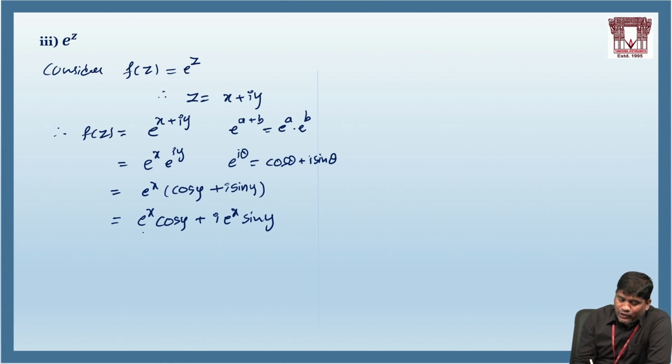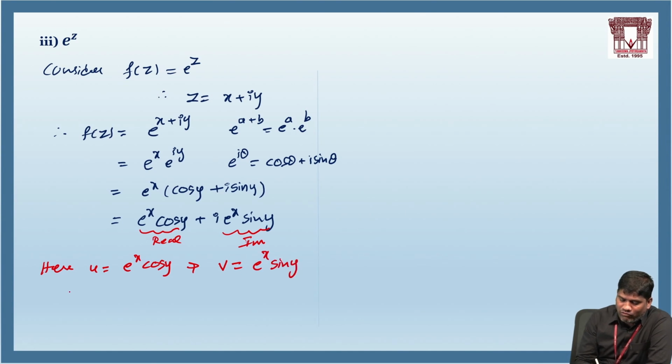Here e to the power of x into cos y is the real part, and this is the imaginary part. So here we can write u is equal to the real part, e to the power of x into cos y, and v, the imaginary part, is e to the power of x into sin y.